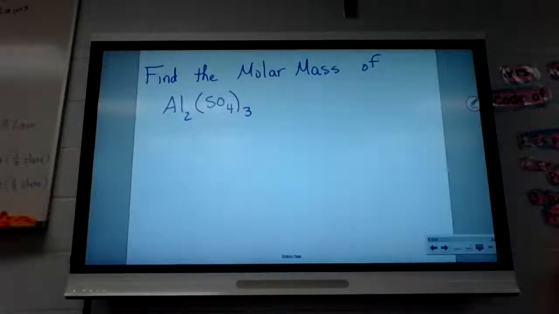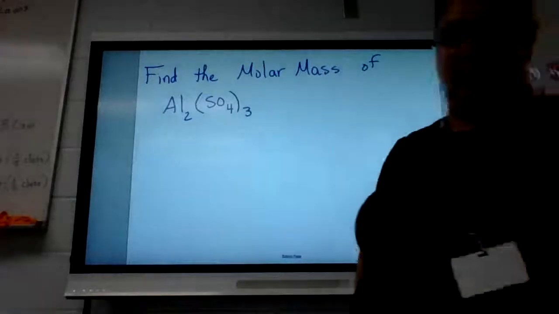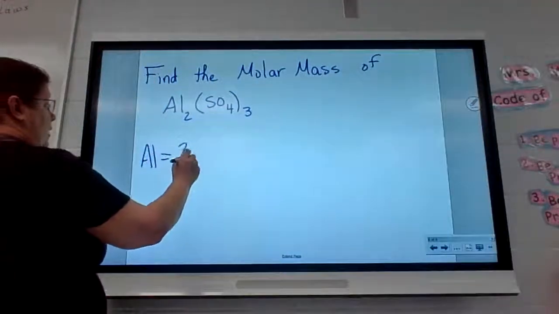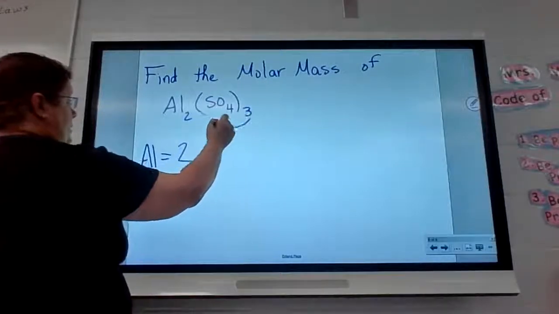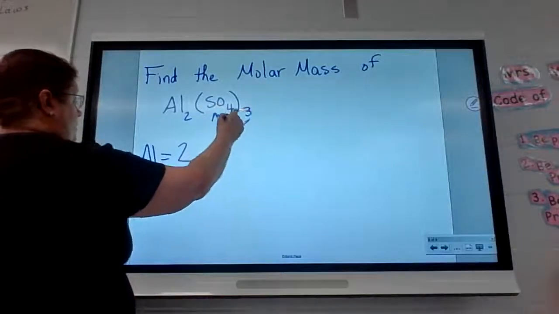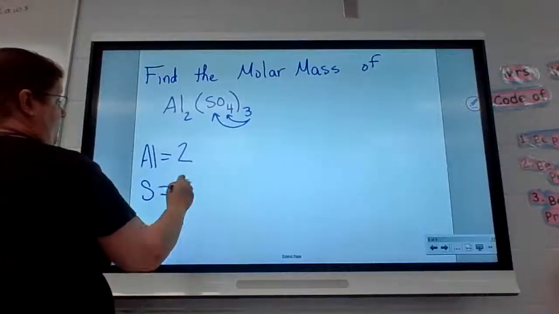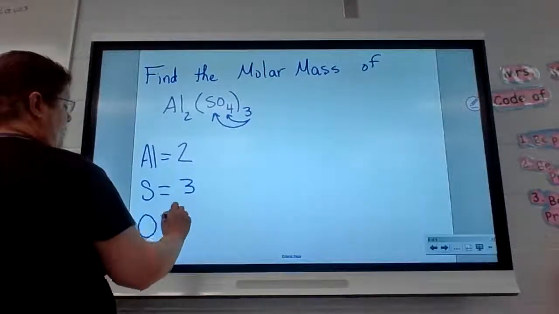You've got to distribute. So, those of you who are not listening to Michaela, there are how many aluminums? 2. All right, this 3 does what? It distributes. So there are how many S's? 3. How many O's? 12.